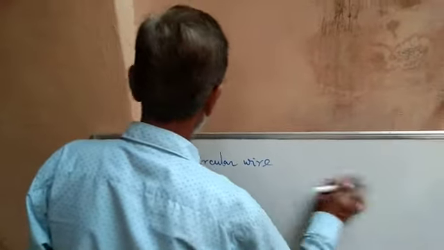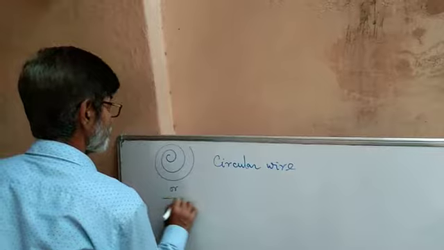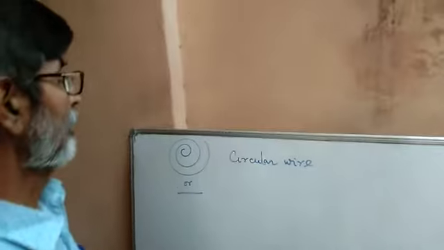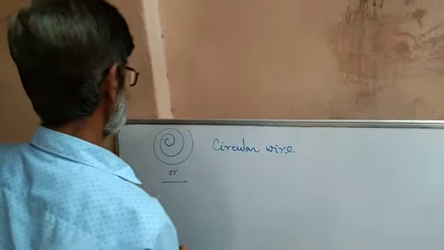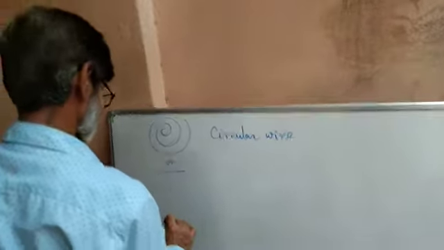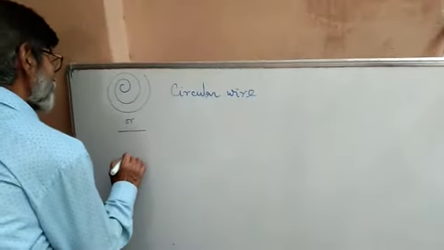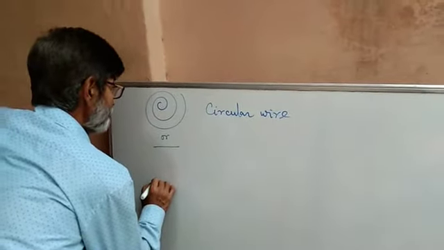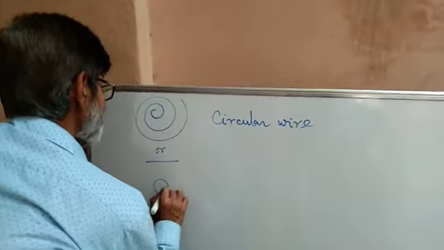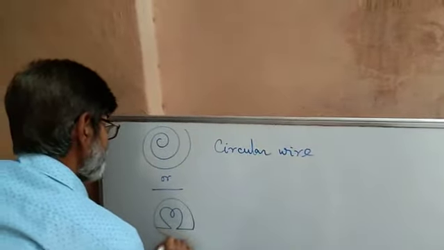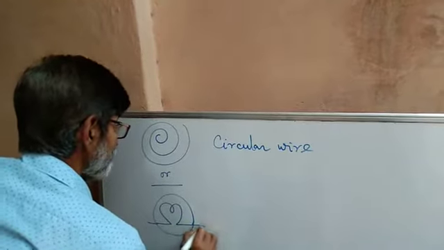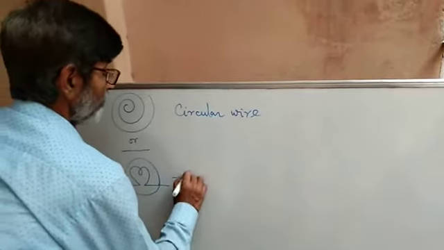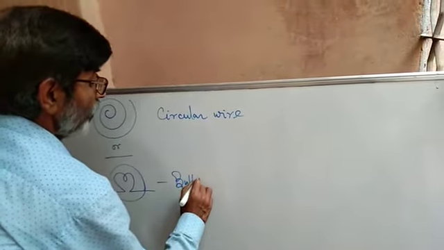I am writing here, or, this symbol is used for both. These symbols are used for wire. Now you have to use a bulb. It is a symbol used for lighting equipment, the bulb.